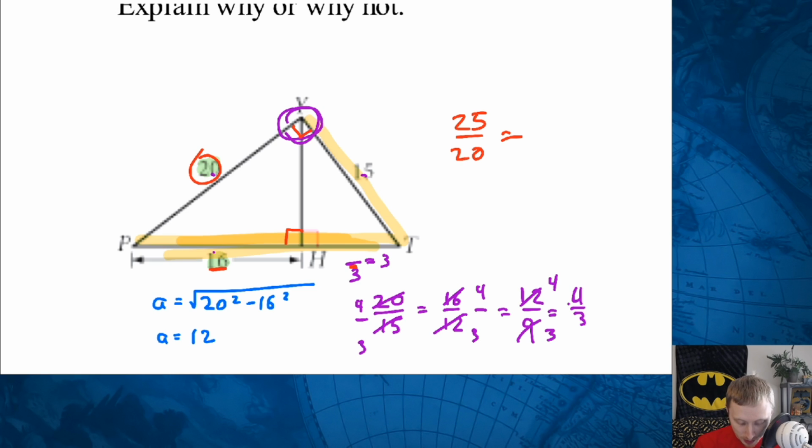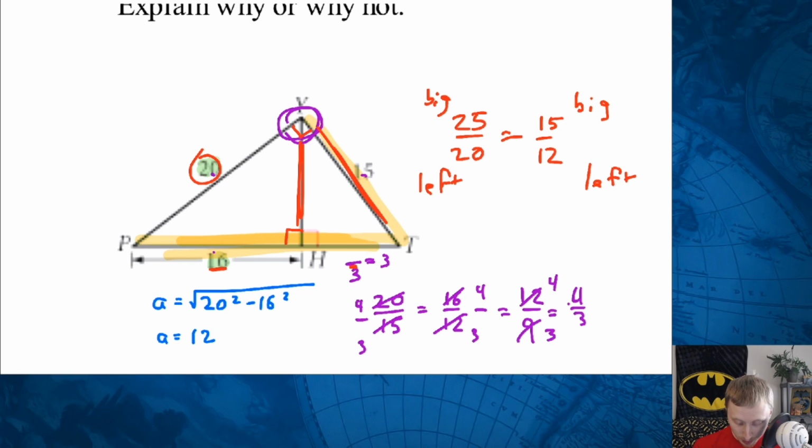Okay, shortest side of the big triangle. Got to go in the same order. If I did big over left, then this has to be big over left, just using a different side of it. So the shortest side of the big triangle is this one right here. That would be 15. And the shortest side of the triangle on the left is that guy there, which we found was 12, right?